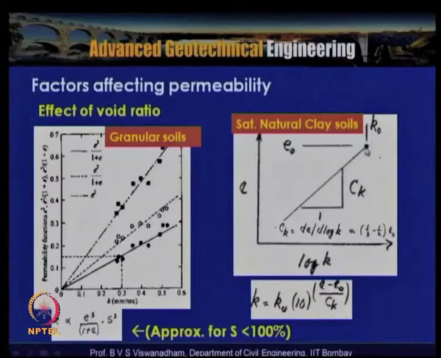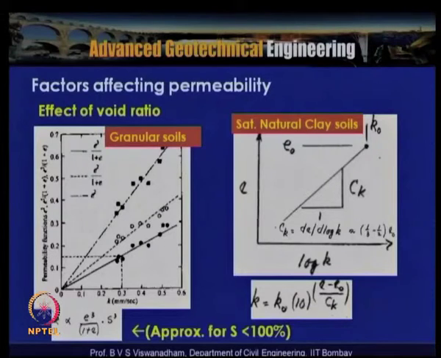Once pressure or load is applied, the void ratio decreases, and in the process the permeability changes. The permeability change factor is defined as de by d log K, that is, the difference between K2 and K1, the permeabilities at different void ratios. This is approximated as Ck equal to 1/2 to 1/3 times the initial void ratio.